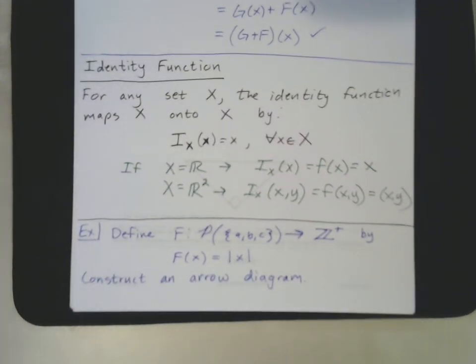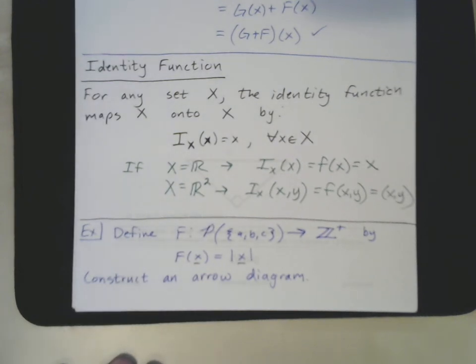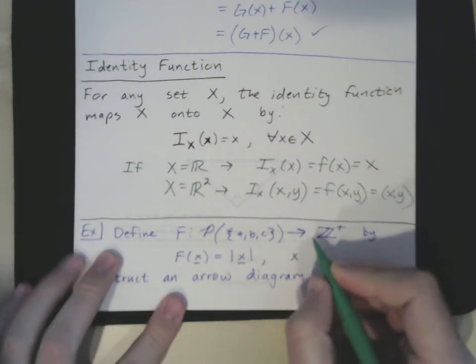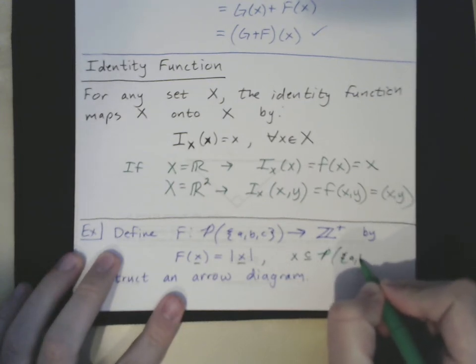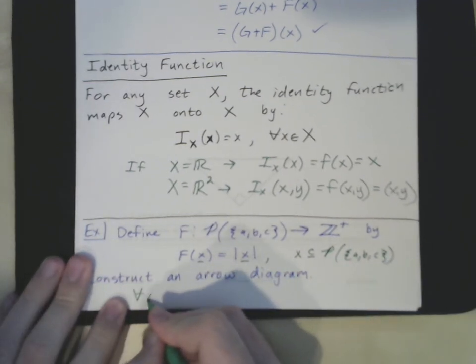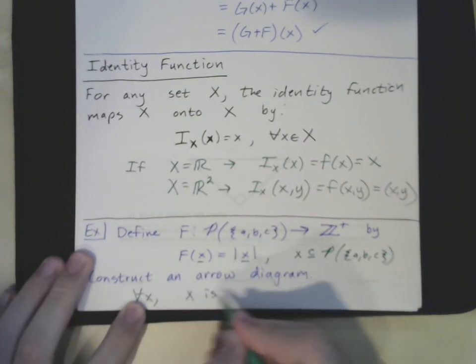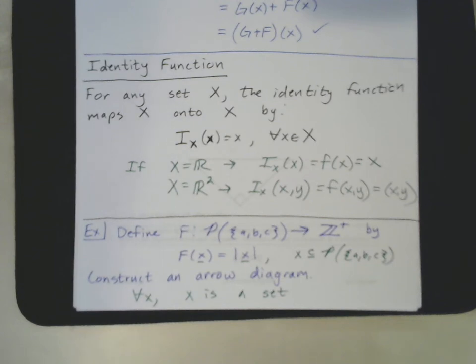So one thing to note is our notation for functions doesn't change. So this still looks like we're plugging in one value. But in this case, x is actually a subset of the power set of A, B, and C. So that means that all x is a set. So we are going to be describing a function that maps a set onto a value, because absolute value is still absolute value.